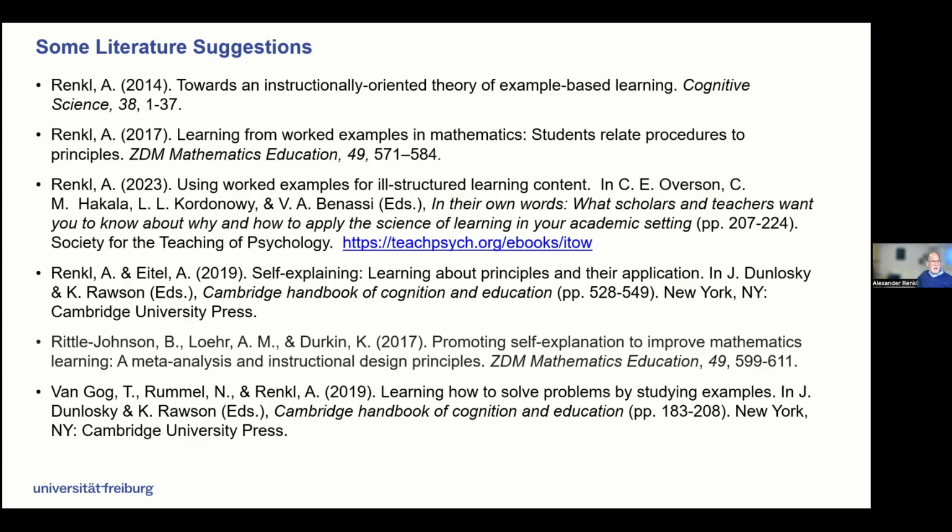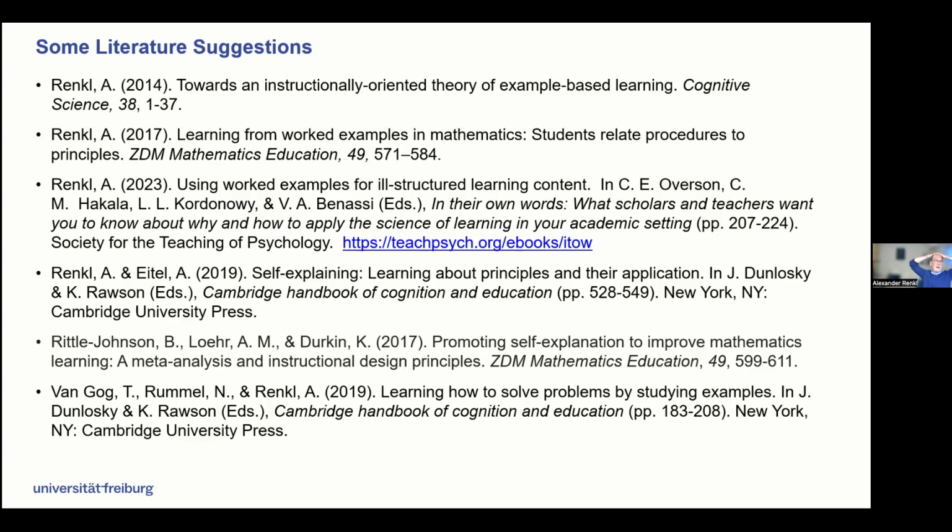Maybe the Renkl 2014 is rather more difficult to read, but the Renkl 2017 is from a math education journal, and the Renkl 2023 is more for a broader audience. And there are also other handbook chapters which are not too difficult to digest.